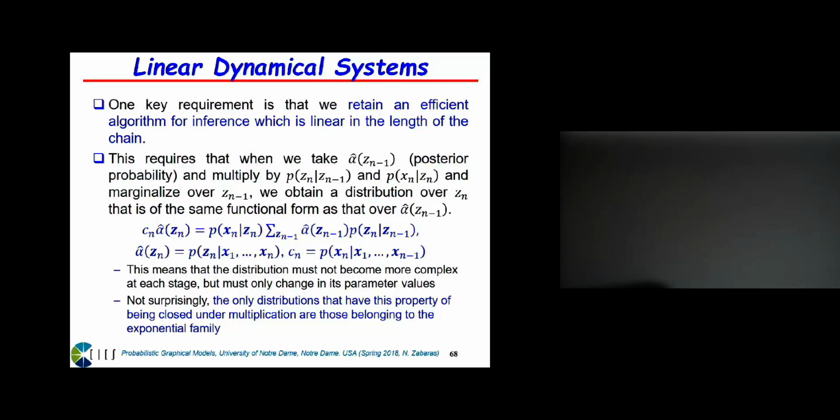So if this is a Gaussian, for example, it would be great if somehow this is also a Gaussian, and the only thing we have to do is update the mean and the variance of the previous distribution. Now this goes beyond Gaussians, and this will fit perfectly with any distribution from the exponential family. But today we will discuss basically the Gaussian distributions.